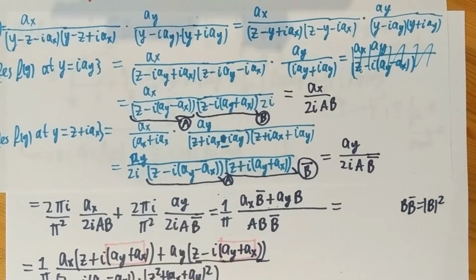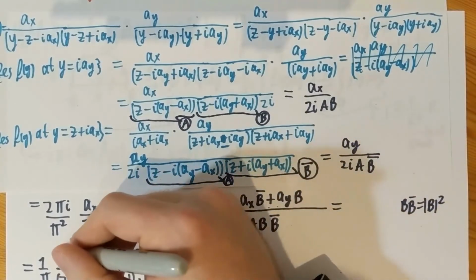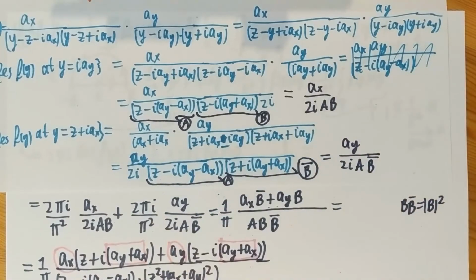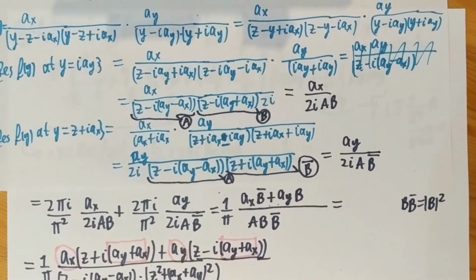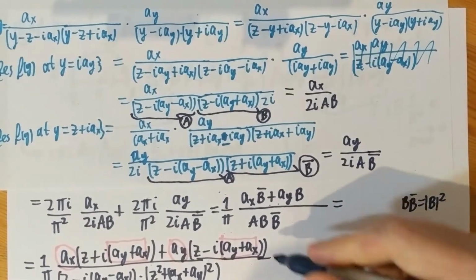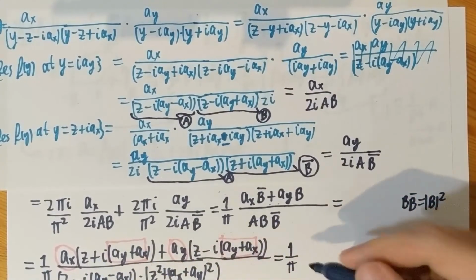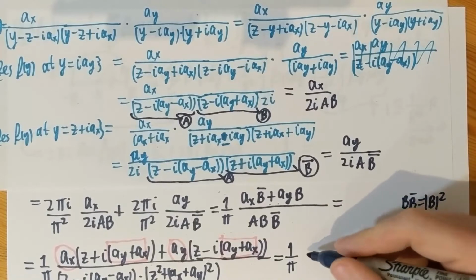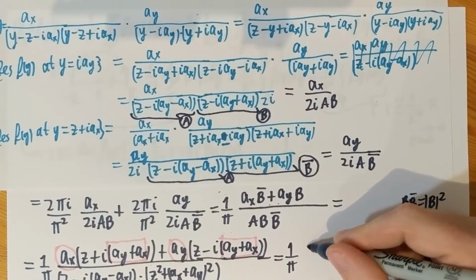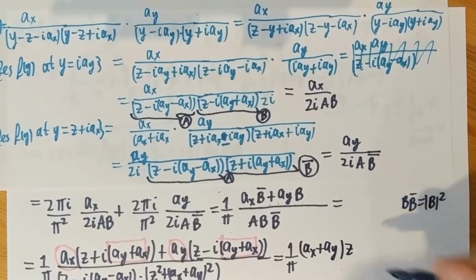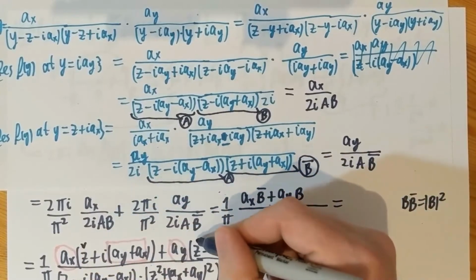And I can also factor out an ax plus ay from the z. So I'm going to treat these terms separately. I'm going to have z times ax plus ay, and this comes from these terms.